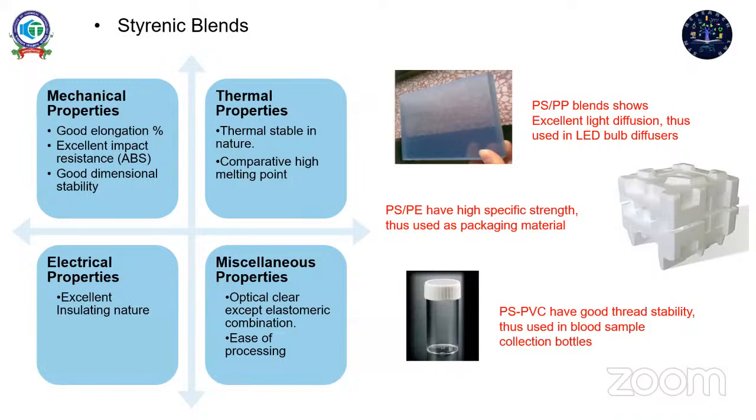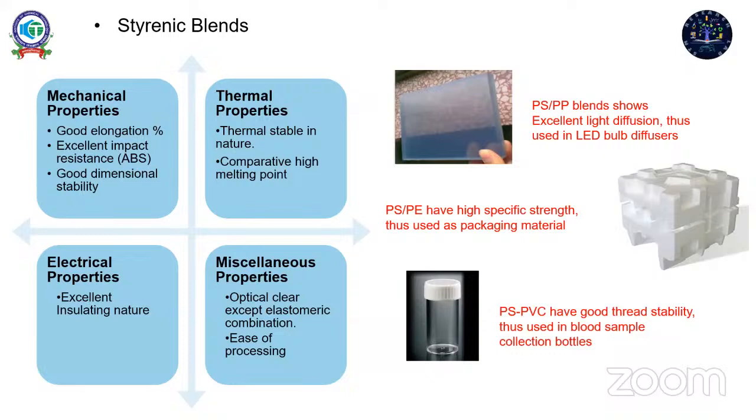So such kind of ABS will give you excellent impact resistance, and it will be thermally stable in nature, okay, and optically clear except elastomeric combination. So if polystyrene is blended with an elastomeric component, for example ABS or EPDM, in such case the optical clarity of the material will not be there.